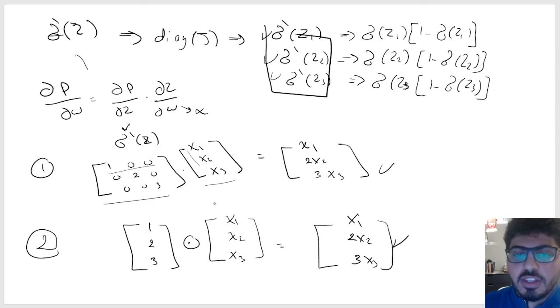So this is a very interesting thing to note: when you compute the vectorized gradient of any element-wise function, sigmoid or ReLU or whatever, always remember that you do not need to compute all of the elements of the Jacobian. All you need to do is calculate the derivatives on the diagonal using the equation we know.